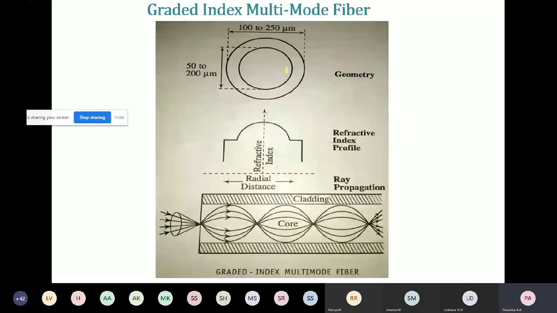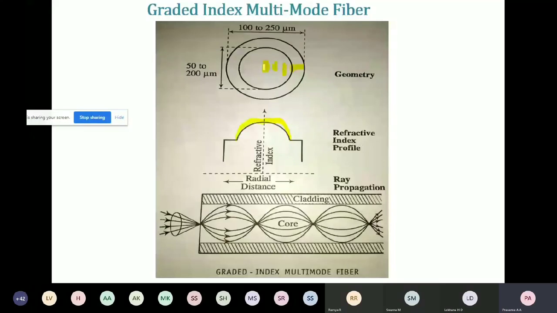If the refractive index is highest at the center, let us say 1.6, the next point is made to have 1.58, this point 1.56, and at the core clad interface it is made to have 1.55, and then it remains constant. So the refractive index of the core decreases from the center towards the core clad interface, on both sides this way.